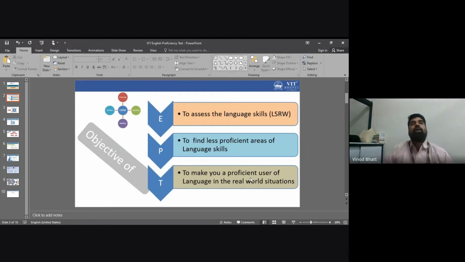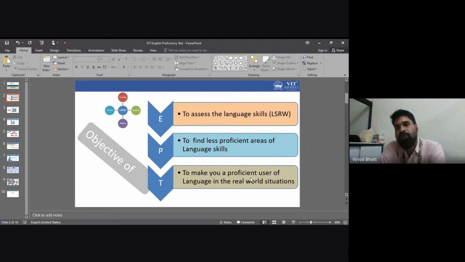And as far as academic comprehension is concerned, you should be reasonably good in all these four aspects of language. As I told you in the beginning, English is our language of instruction, so everybody is expected to have a reasonable amount of comprehension in the English language.